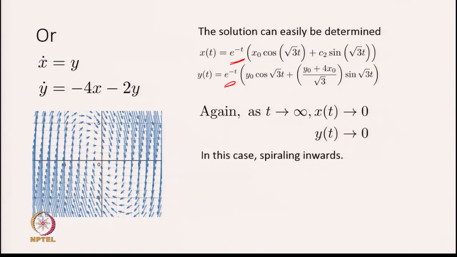But in this case, they are obviously now going to be spiraling inwards. So again we find that the origin 0, 0 is the limit for all orbits in the plane. No matter where we start from, you are going to eventually go down to 0, 0.